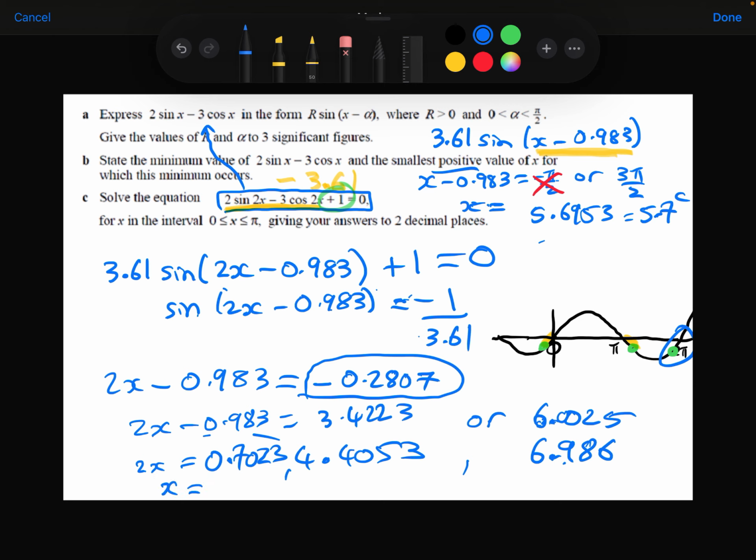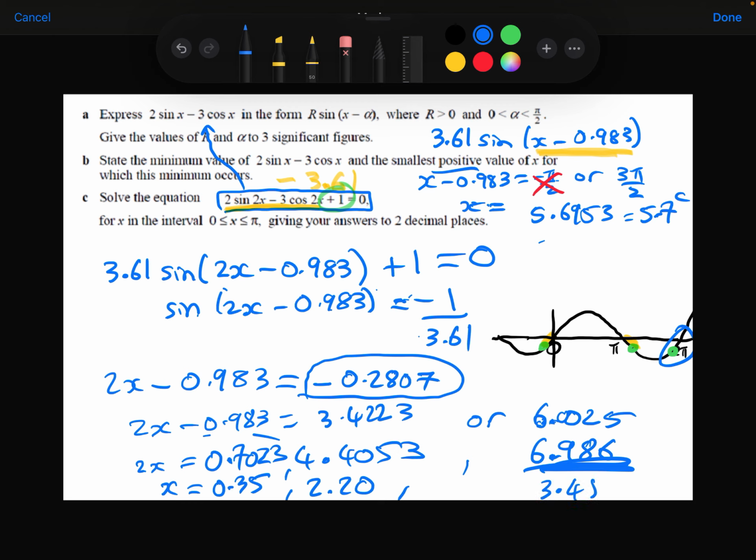Divide all of those by 2. And to 2 decimal places, my three solutions are 0.35, 2.20, and when I divide my third solution by 2, I find that actually that's bigger than pi.